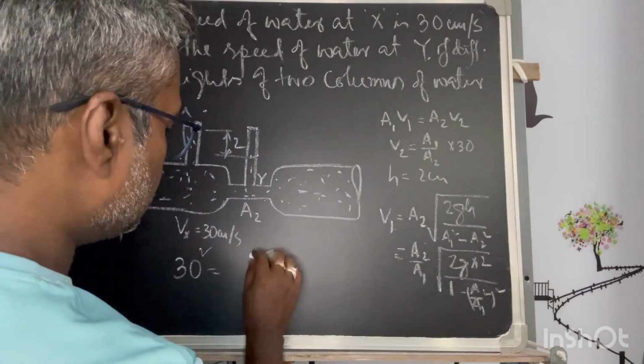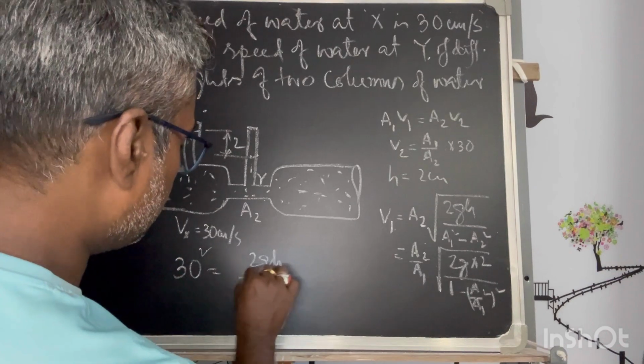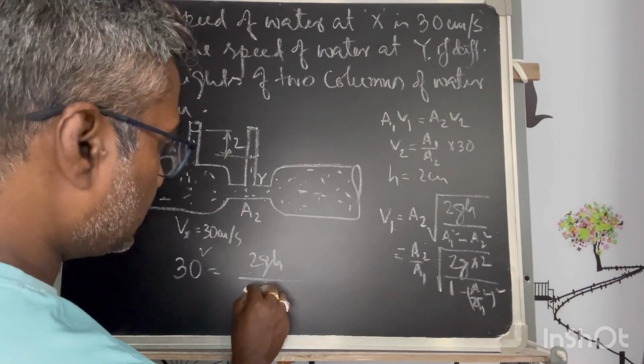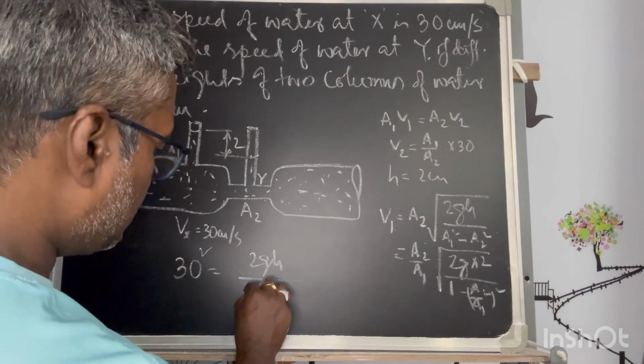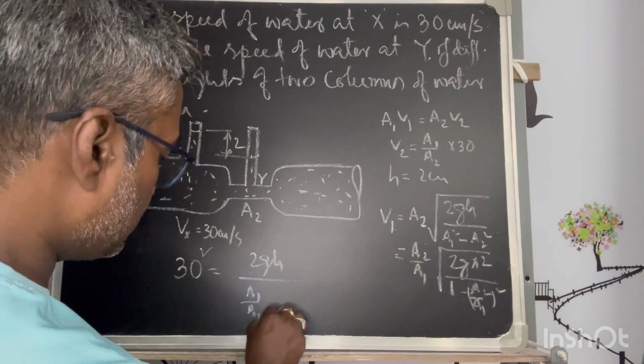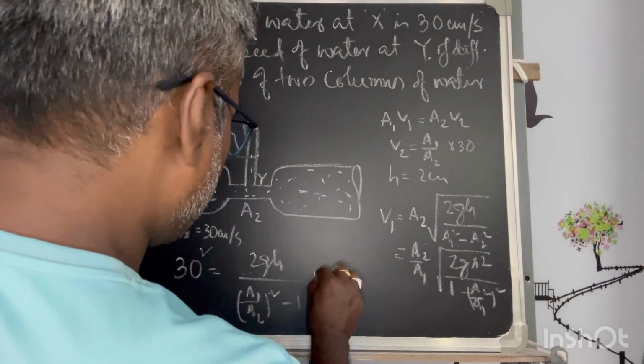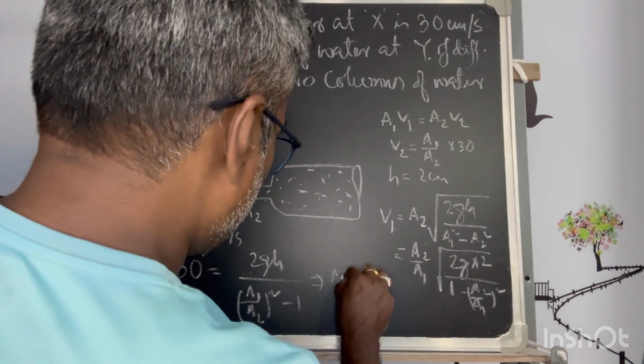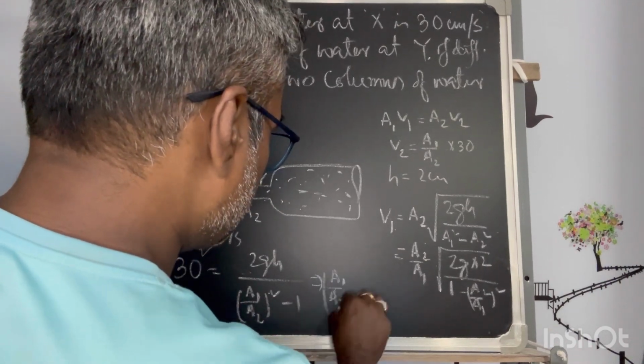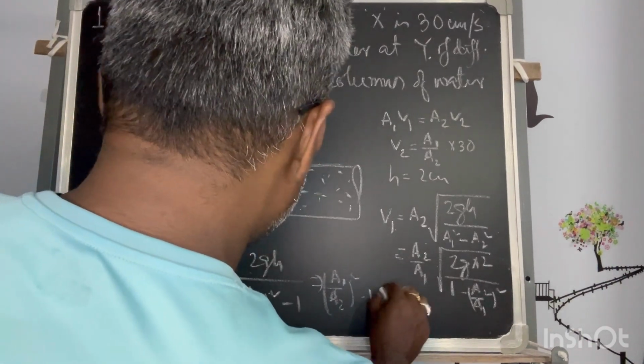So ultimately this is 2gh at the top, and below it is A1 by A2 whole square minus 1. So from there you can calculate A1 by A2 whole square minus 1.